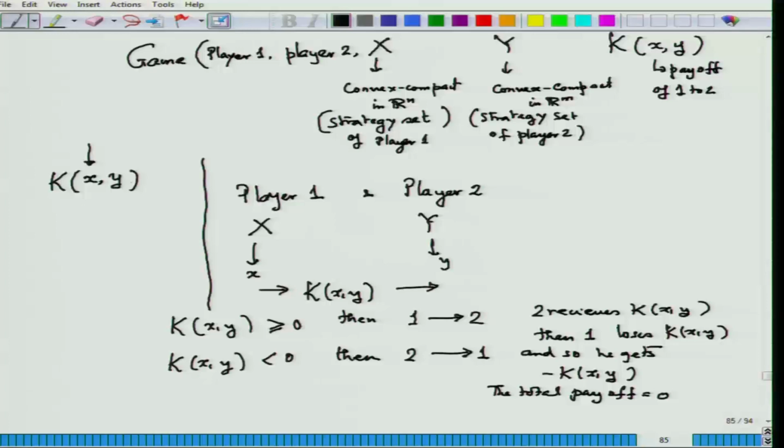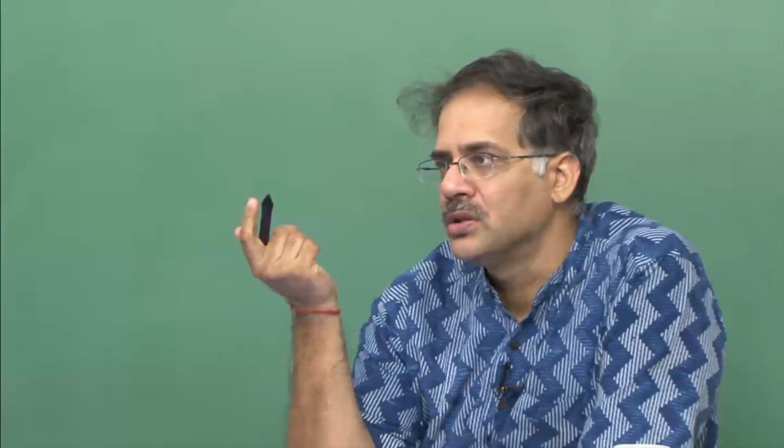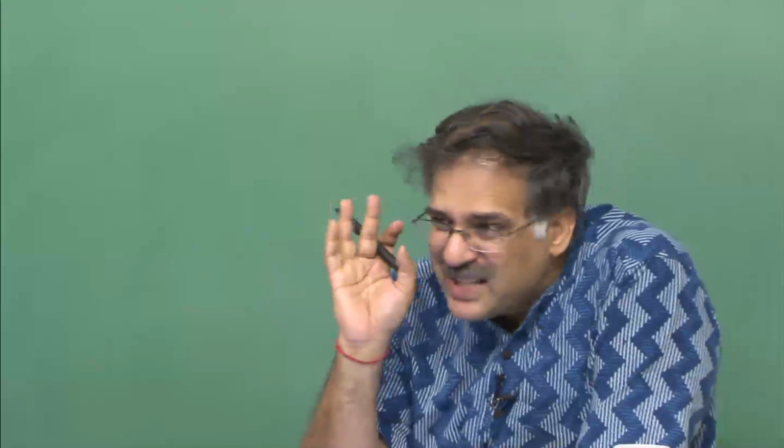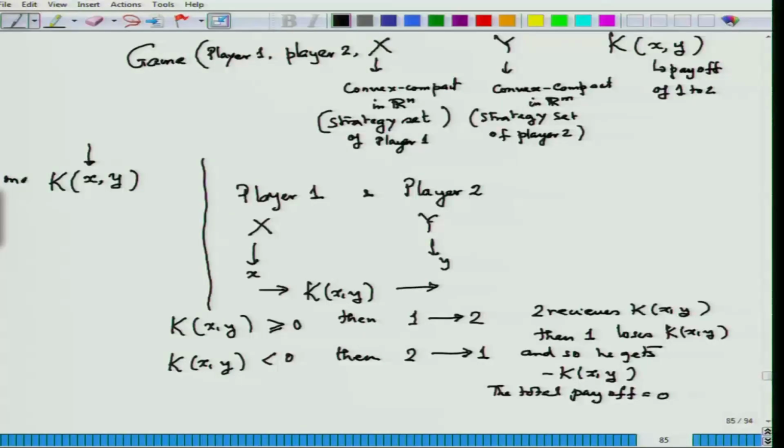How do I know what would be my loss, how much money I have to pay? My maximum loss is the max over y. If a strategy y is played by player 2 corresponding to player 1's given x, that would give the maximum loss. Because the function is nice, because of the compactness of capital Y, there exists a y naught for which kxy naught is the maximum value of this.